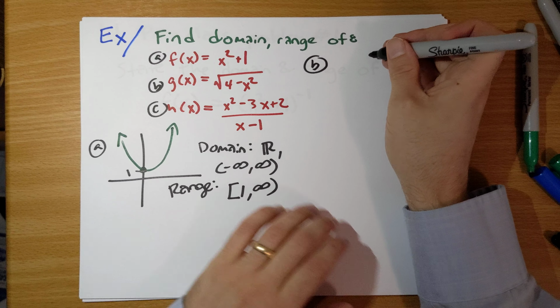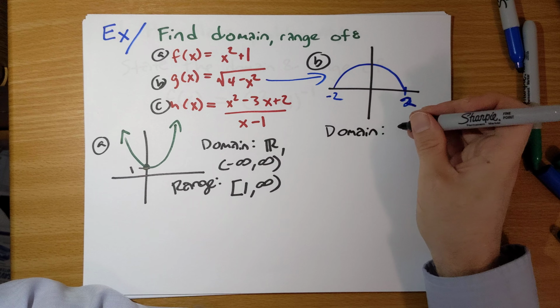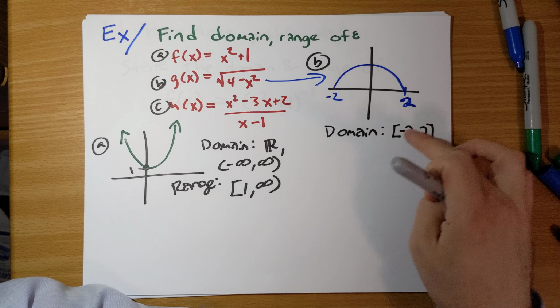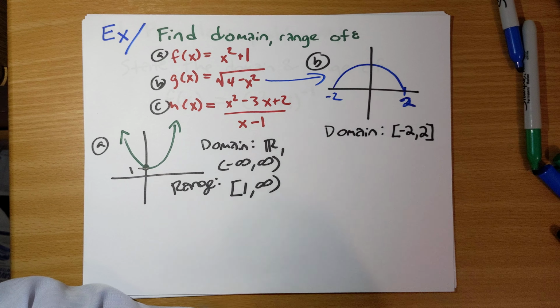And so the thing here is that we can realize that the domain is, in this case, not all of R. The domain here is going to be from -2 to +2 inclusive. So that's why we put on the square brackets here.